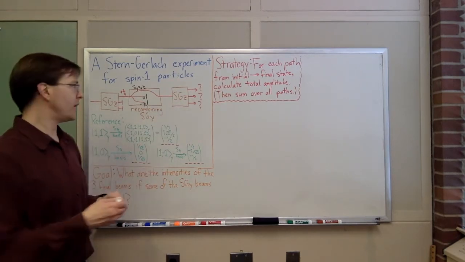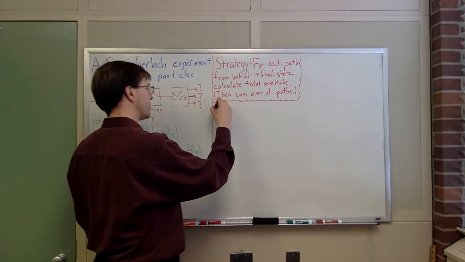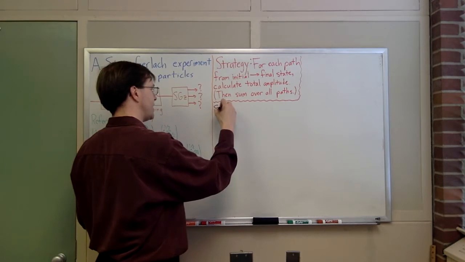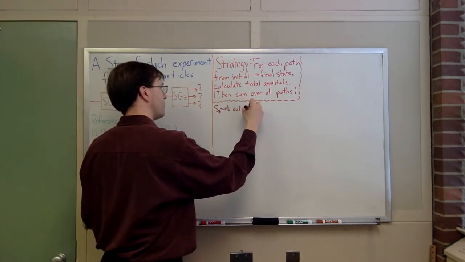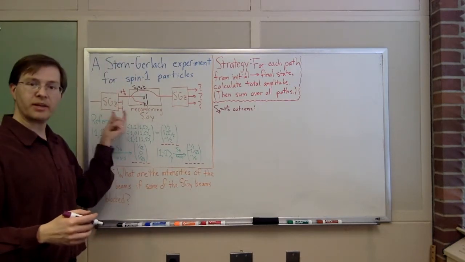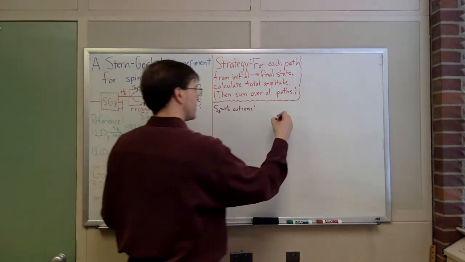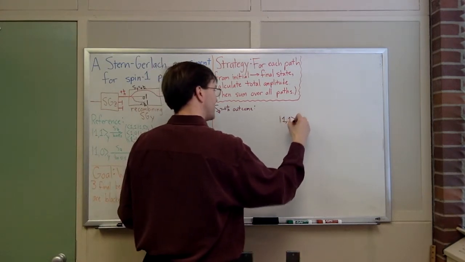If I want to consider the s z equals plus h bar outcome, what I do is start with my initial state vector. My initial state vector is the 1, 1 z state.